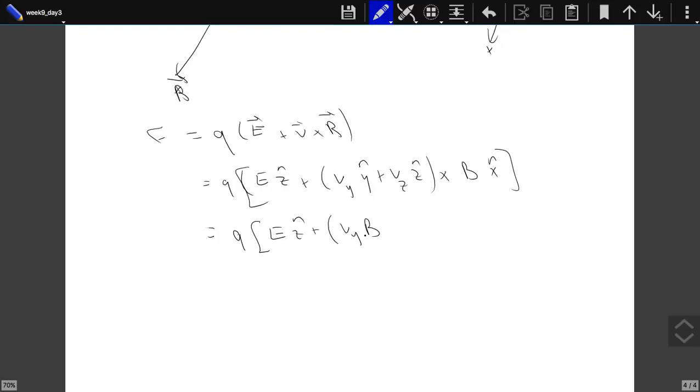What is y hat cross x hat? Minus z hat. Plus Vz times B. What is z hat cross x hat? No, that's y hat.